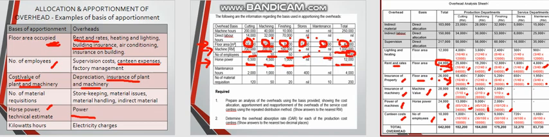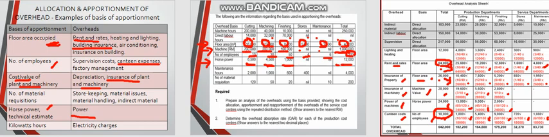So this one is 10 over 100, the next one will be 30 over 100, this one 50 over 100, this one 4 over 100, and this one 6 over 100, and then we times with the cost. This one is the cost.